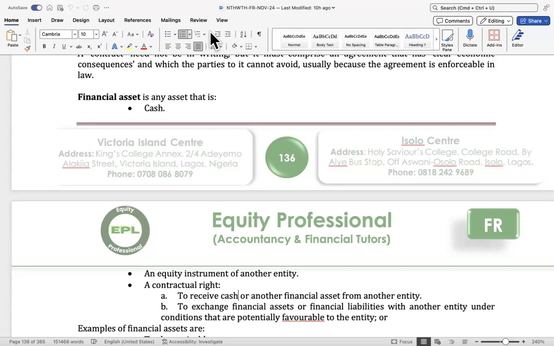Another example. If you have a contract liability, do you remember what a contract liability is? Does anybody here in this class remember what a contract liability is? An obligation to deliver a service.